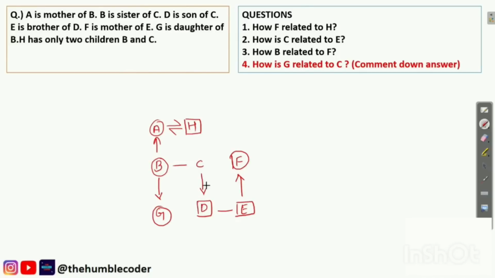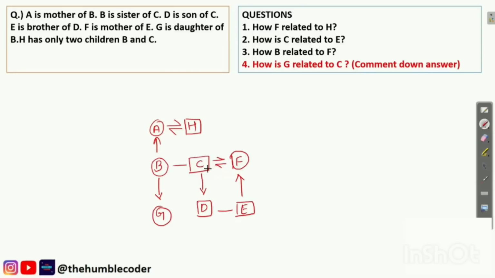E is brother of D. This one is also correct. F is mother of E is correct. So now you can see that D and E are brothers, and their parents are C and F. So if F is the woman, then C will be the male, and the husband and wife relationship is there between them. So now our family tree is completed.